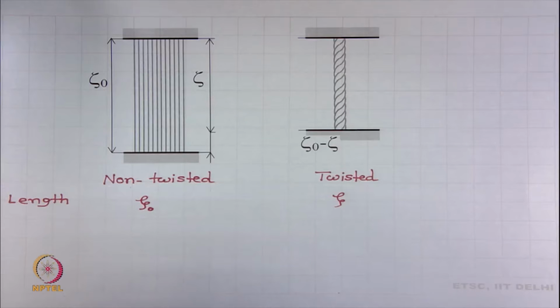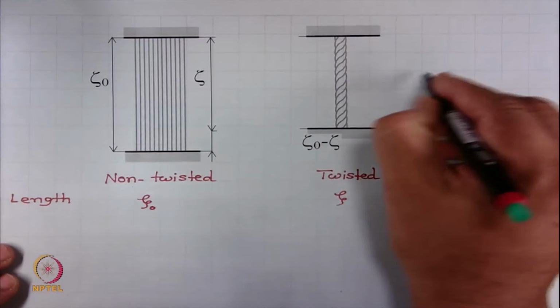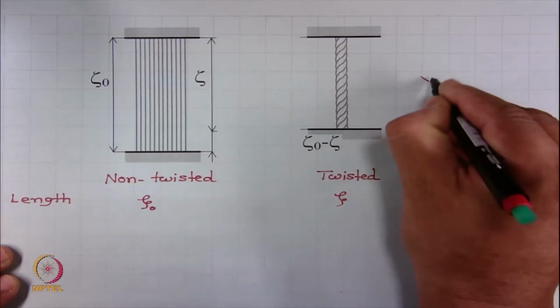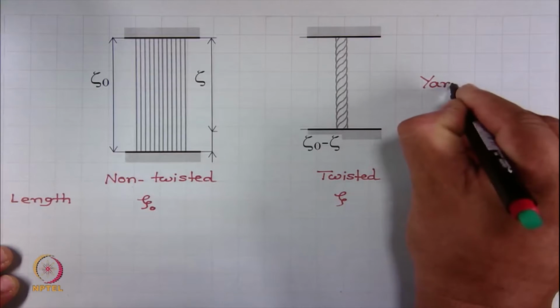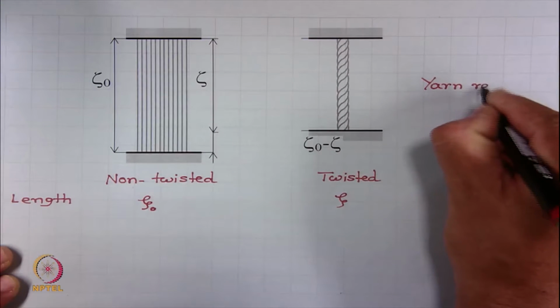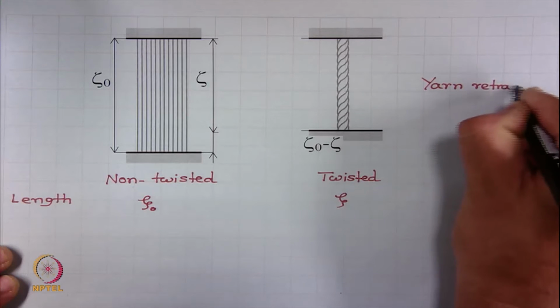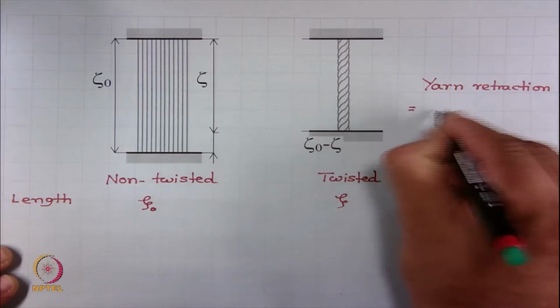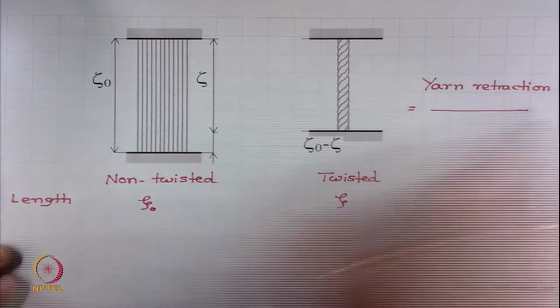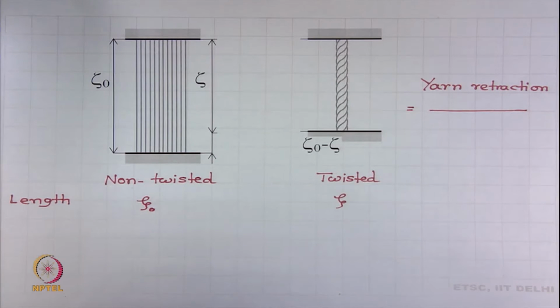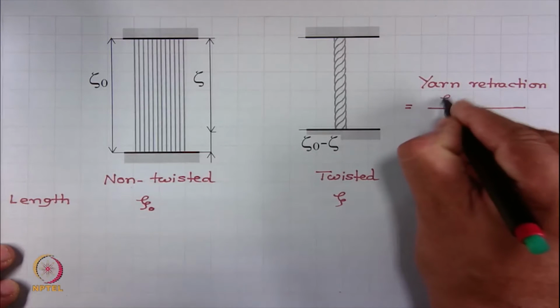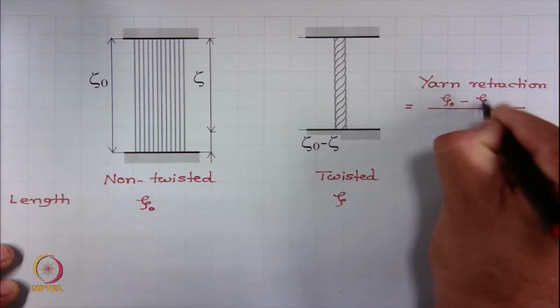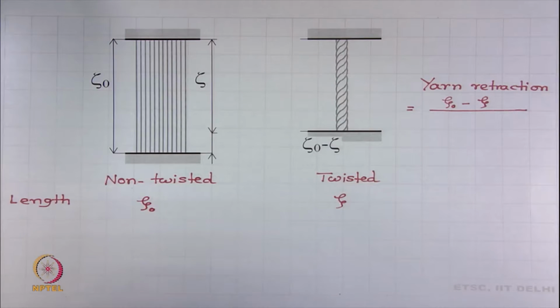Right. So, what is yarn retraction? Yarn retraction is defined by change in length divided by original length. So, what is the change in length? Zeta naught minus zeta, and what is the original length?